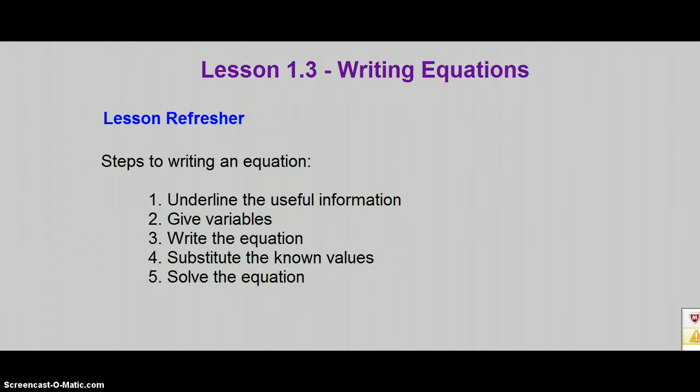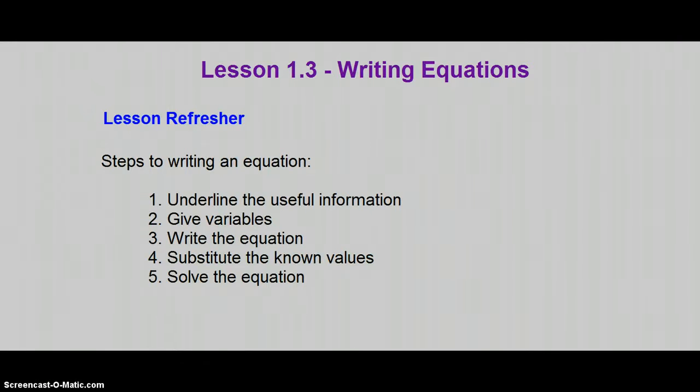So, these 5 steps tell us how to write and solve an equation. The first step is to underline the useful information. In other words, what do we need to make this go a lot smoother? We're going to ignore the useless bits of fluff. Next, we need to assign variables to the unknown values.